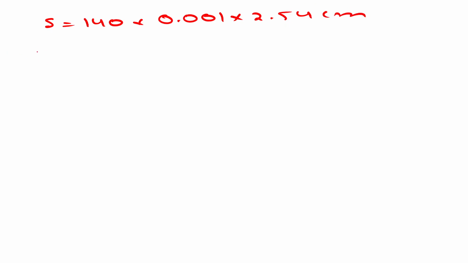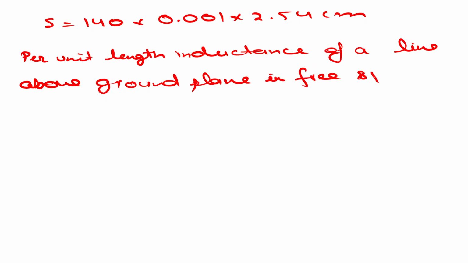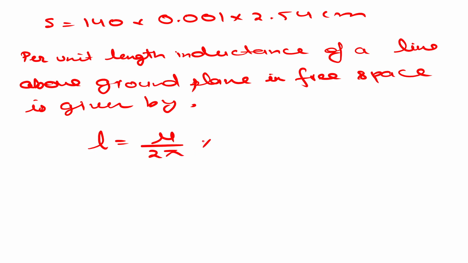Now we know that per unit length inductance of a line above ground plane in free space is given by mu by 2 pi into ln s by rw.